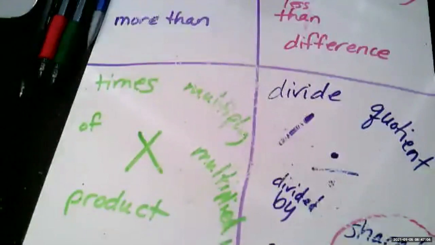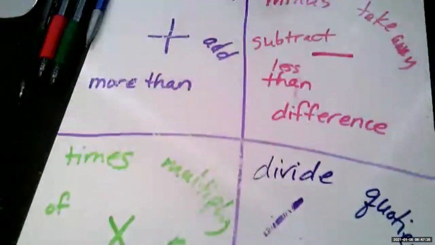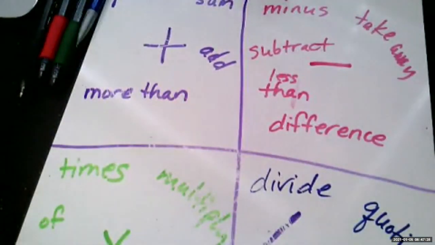Let's see. Ooh, I'm going to give you a hard one. So 2 steps. Let's see if you can get this one. Okay. How about 10 erasers decreased by 2? Decreased. I didn't have that one on here, but it's a nice word.